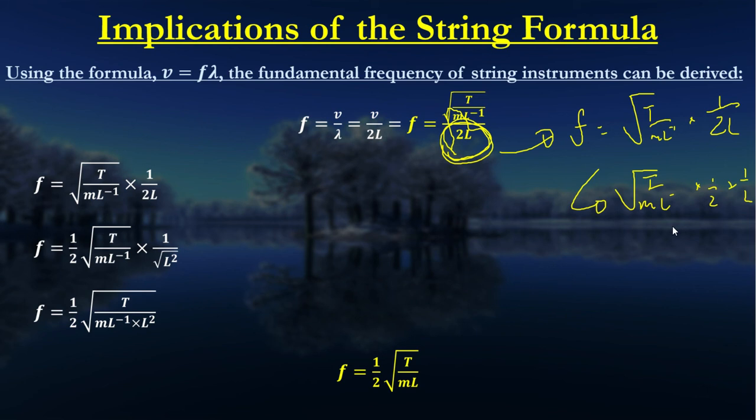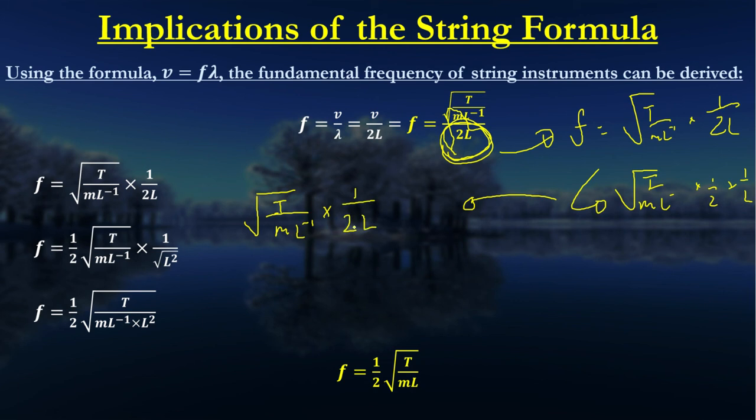Going on from what we have here, I might just move the working out to this side to use a bit more space. This bit here can be a little bit misleading, so I'm just going to show it again. We have an equation of tension over m, L to the minus 1, inverse, times 1 over 2L.